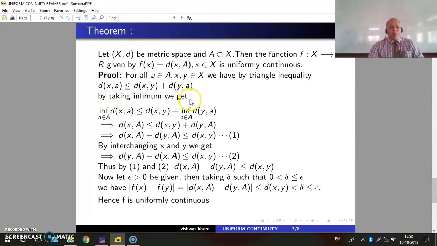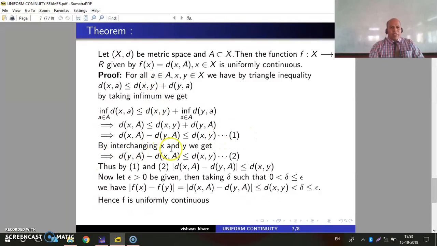By taking the infimum, we have the infimum of d(x, a) over all a belonging to A is less than or equal to d(x, y) plus the infimum of d(y, a) over all a belonging to A. This implies, by definition, distance between x and A is less than or equal to d(x, y) plus distance between y and A. This implies d(x, A) minus d(y, A) is less than or equal to d(x, y), equation number 1.